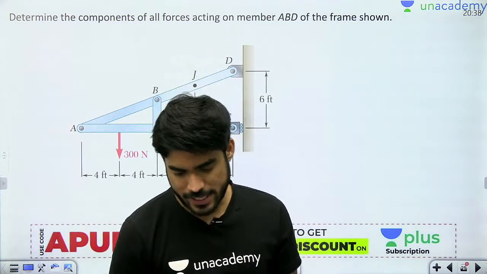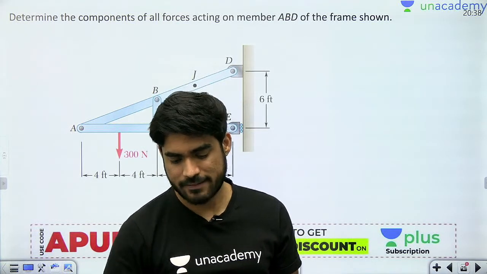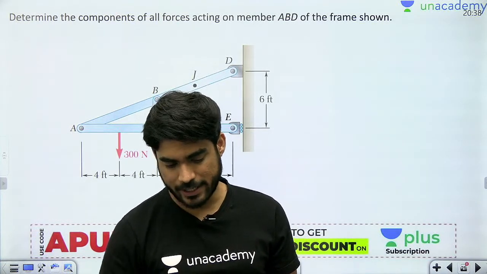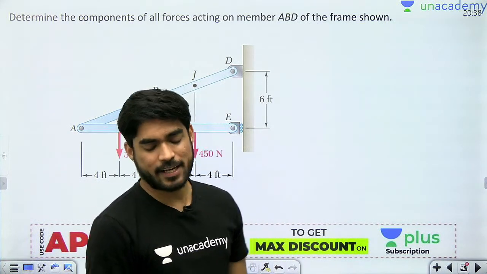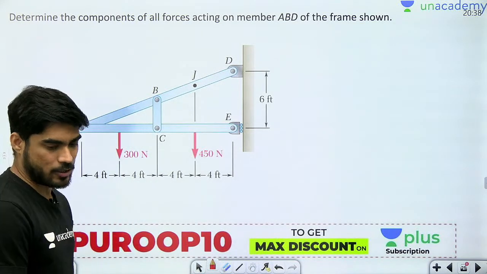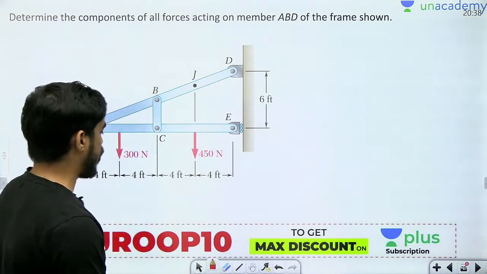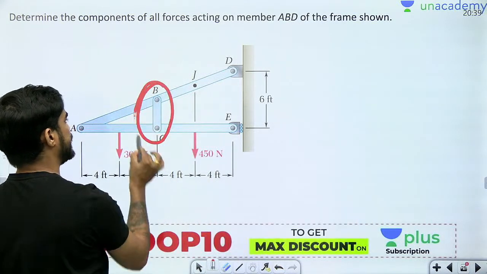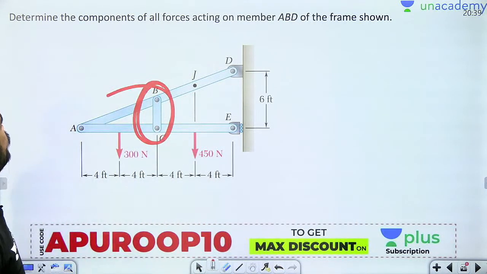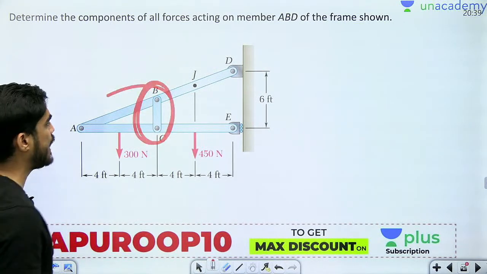Very good Nitish, very good Aditya, very good Sanyal, very good Gaurav. Very good guys, very good. इनमें से कौन सा मेंबर टू फोर्स मेंबर है? वेरी गुड करण, वेरी गुड. सो बेटा ऑब्वियसली, this member BC is a two force member, right? Why?